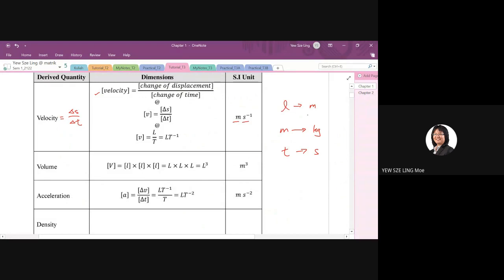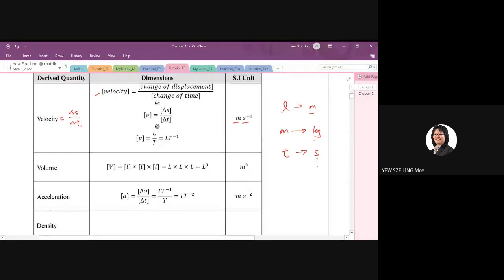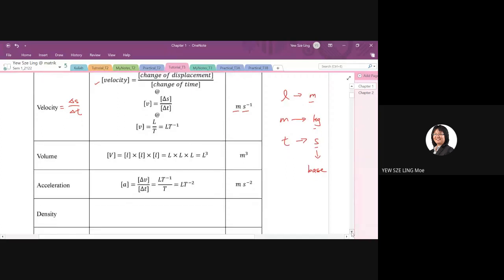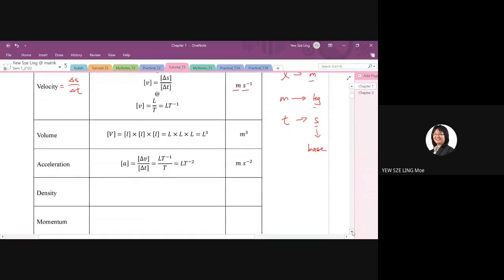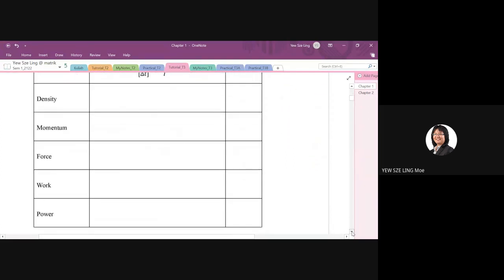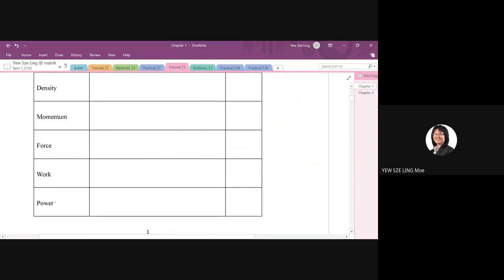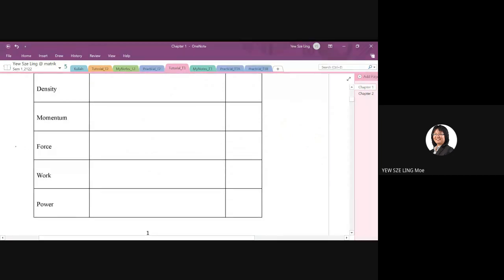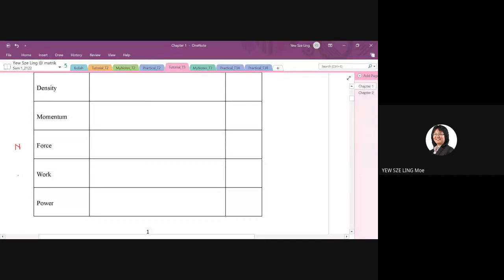So when it comes to these three quantities, meter, kg, and second, we call it base SI unit. And there's another type of SI unit which we call special SI unit. For example, when it comes to force, work, and power. Force, most of the time we use the newton. Work, we use joules.